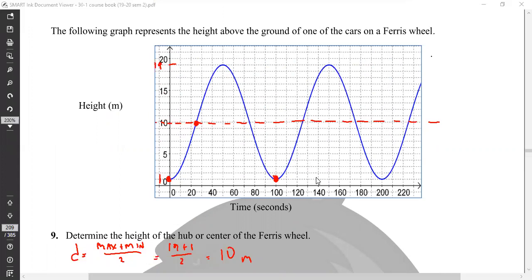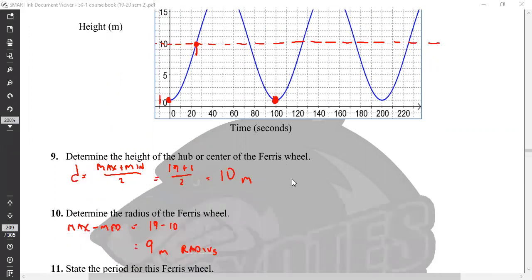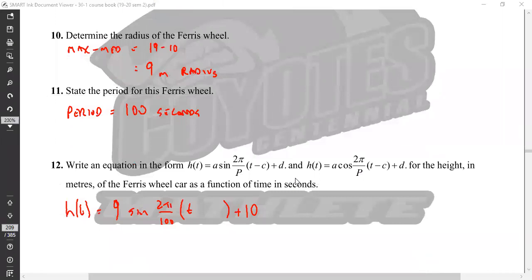Can we know more than that, if it's 25 or 26? We can, actually. The fact that this is 100 to do one full cycle means in 50 seconds, it gets to this maximum. And then halfway in between this maximum and minimum is here, which actually is 25 seconds. So we can know that that should be t minus 25.